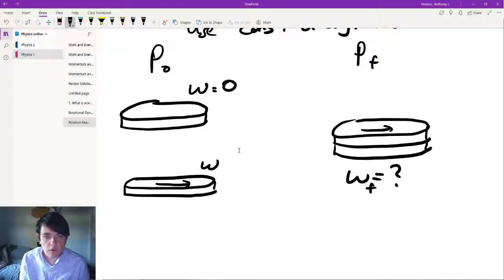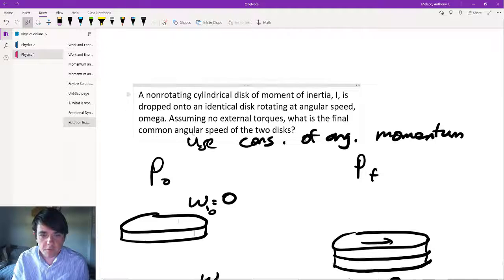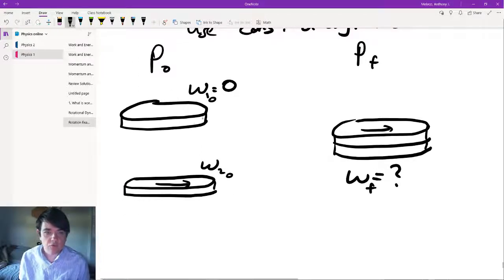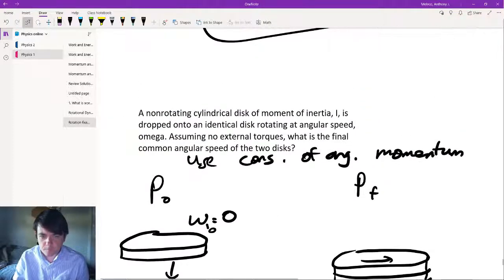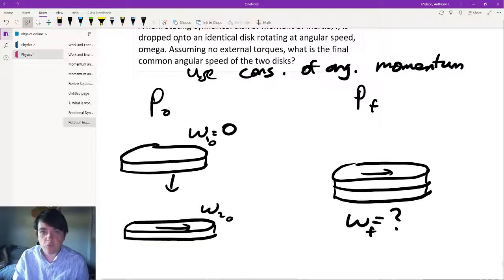So let's call these omega 1 and omega 2 initial. And then we want to know what is omega final. And they'll be combined. So a non-rotating disk is dropped onto one that is rotating, and we want to assume no external torques.